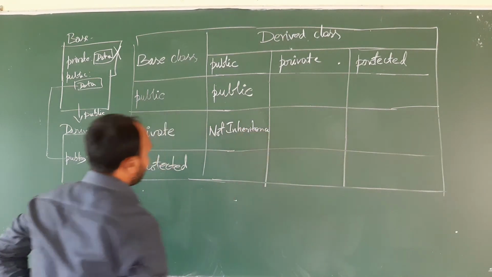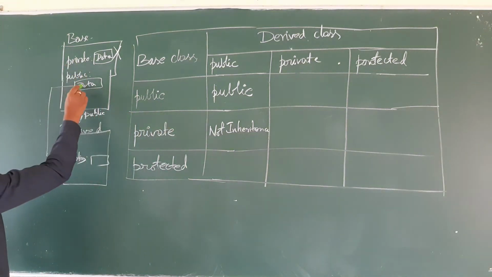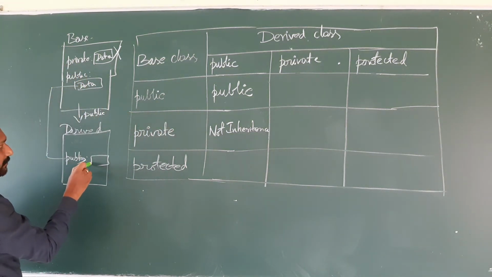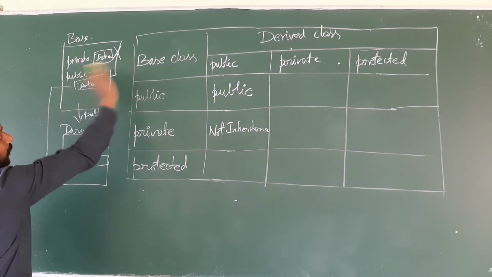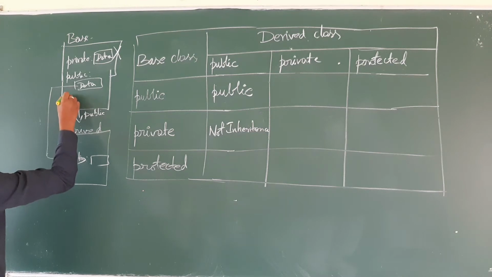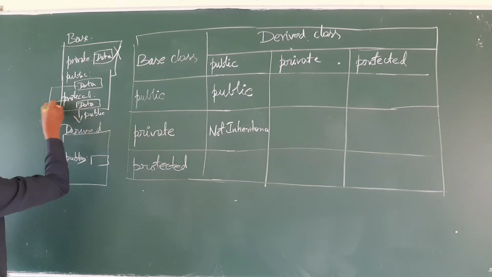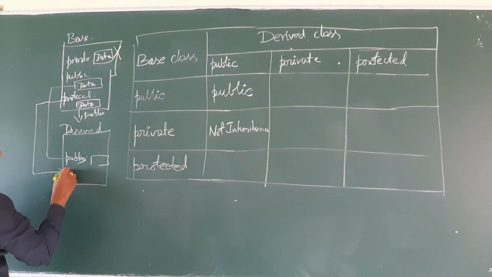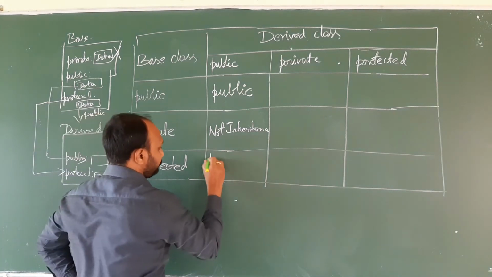So, the public members of the base class will become public members of the derived class. Private members of the base class cannot be inherited. In case there are any protected data members, these protected data members will remain protected data members of the derived class.